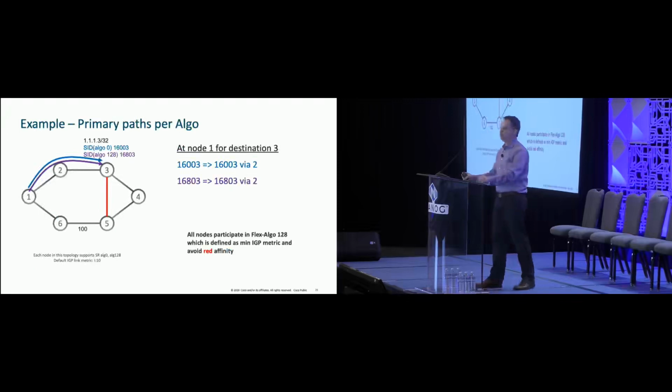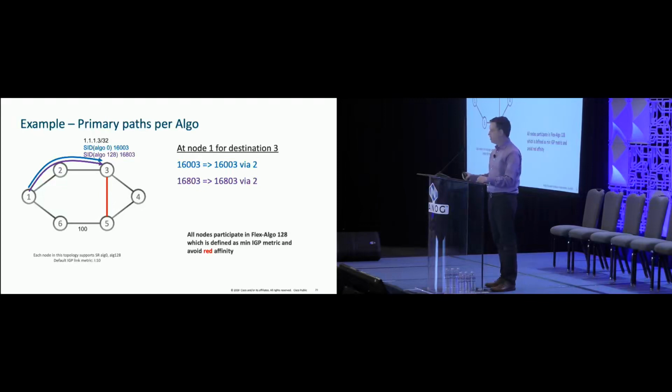Take as an example the case of a random topology like the one shown, where all the routers belong to algo 0 and algo 128. Algo 128 has a special clause. I want to avoid the red link.